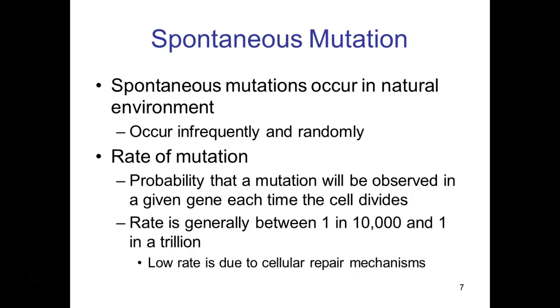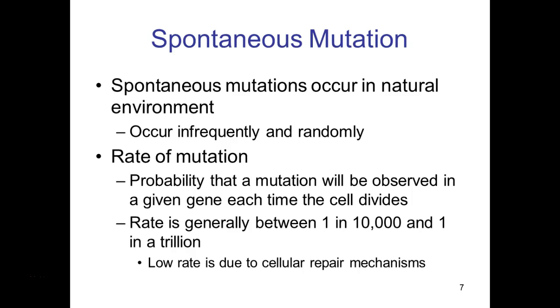Sometimes. So the rate of mutation varies greatly, right? Because there's so many factors involved. How often does the cell copy? How much DNA does it have? What type of environment does it live in? So variations in the rate, the speed at which change happens, can be 1 in 10,000 copies of a cell or 1 in a trillion.